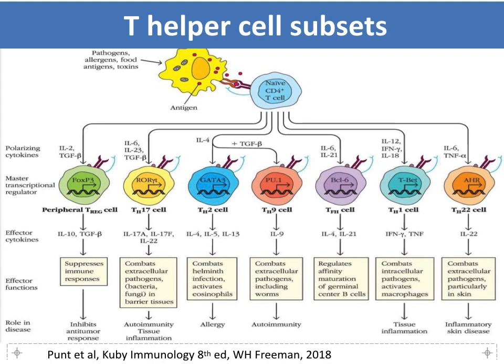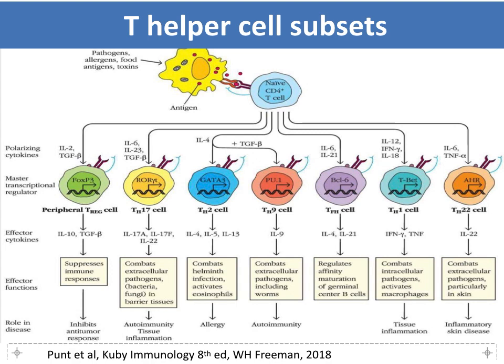For example, you have peripheral regulatory T cells. They exert a suppressive function. Their effector cytokines are interleukin-10 and transforming growth factor beta. They are capable of suppressing immune responses when you no longer need these responses. Let's say you got over the infection, you need to suppress active immune responses. That's the job of the T regulatory cell, which is a subtype of a CD4 T cell.